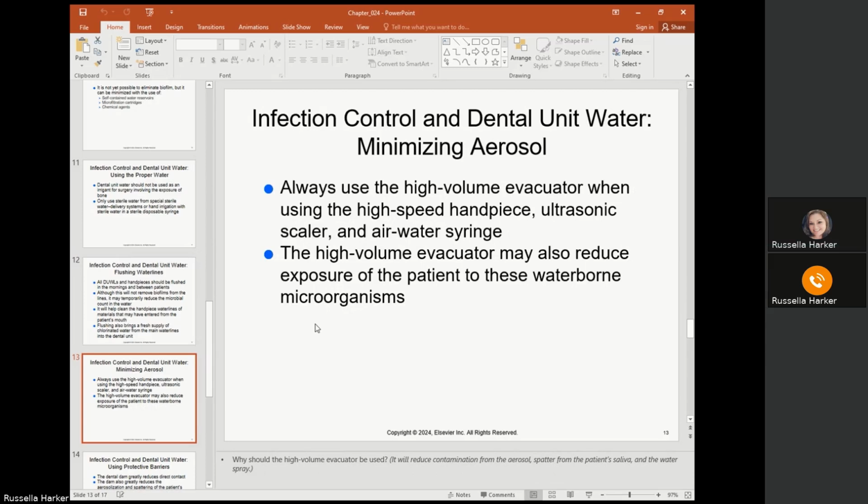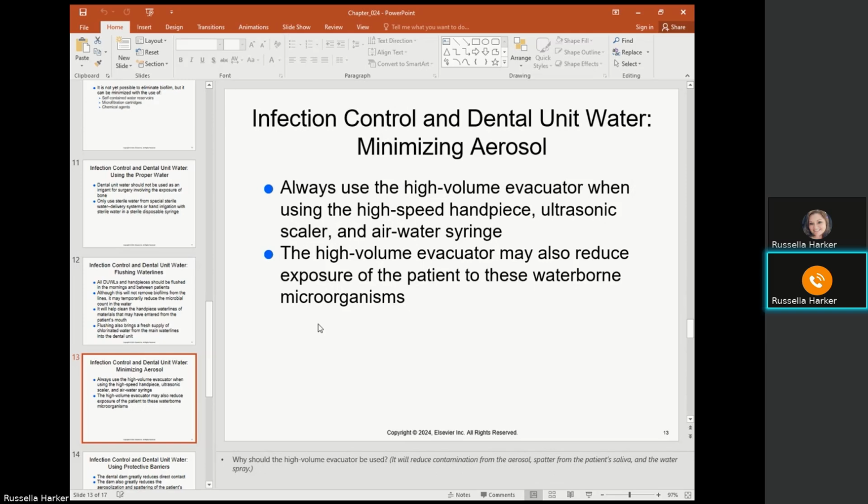Always use a high volume evacuator, so the HVE, when using the high-speed handpiece, ultrasonic scaler, or the air water syringe. So anytime that a tooth fragment or a filling material or lots of water is going to be used, you should be using your HVE. So most of the time, that is the suction that you'll be using is your HVE. Very little of the time will you be using your saliva ejector.